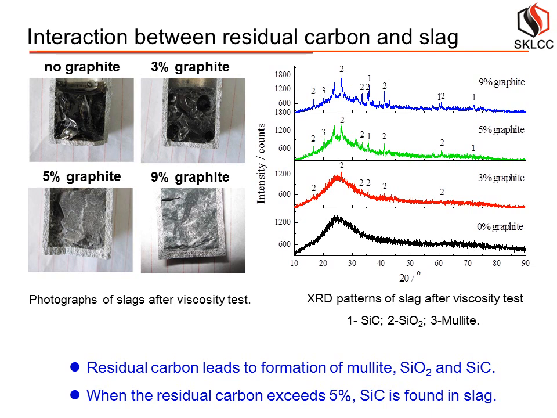The slag without graphite shows amorphous characteristic, and quartz was found in slag with 3% graphite. When the graphite content increased to 5% to 9%, mullite and silicon carbonate were found in the slag.